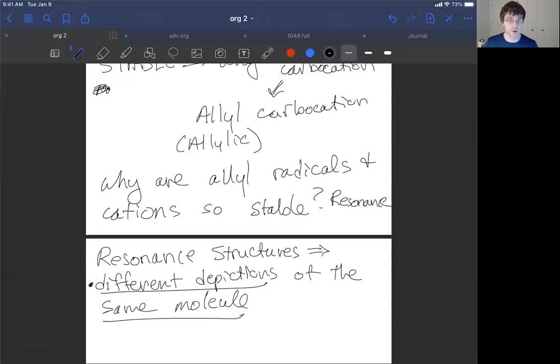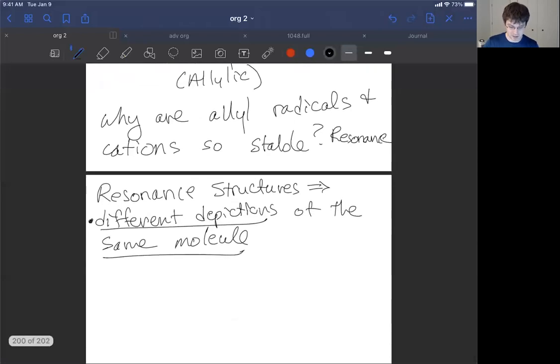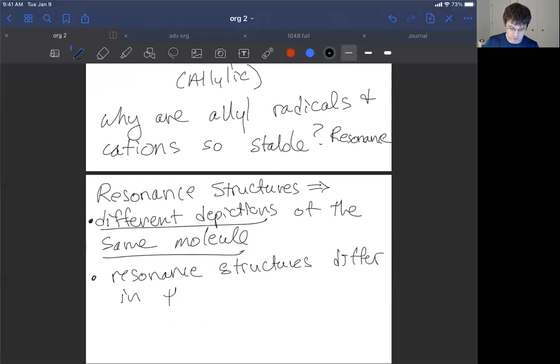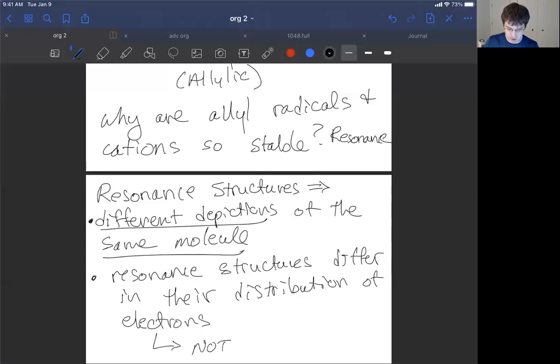Okay, so it turns out that, yes, this is true. And resonance structures differ in their distribution of electrons. So they differ in their distribution of electrons, not their distribution of nuclei.